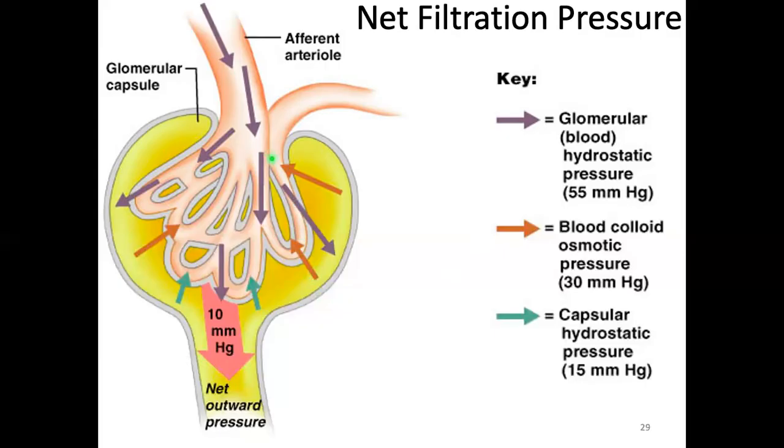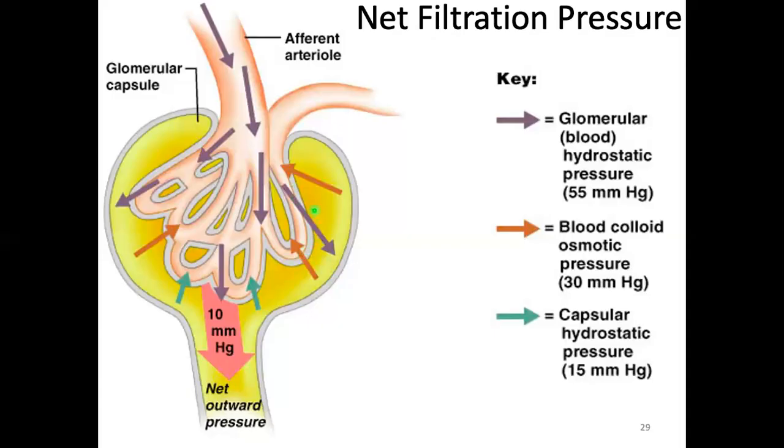So here's your capillary bed, and you have albumins in there. And because you have albumins in that space and not in this space, water's going to want to go where the albumins are. And so osmotic pressure pulls fluid back in, so it recalls fluid. So hydrostatic pressure is forcing fluid out, osmotic pressure is pulling fluid back into the glomerulus.